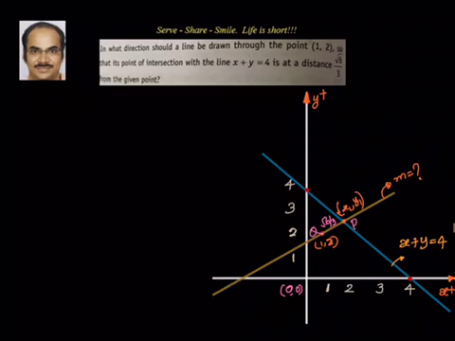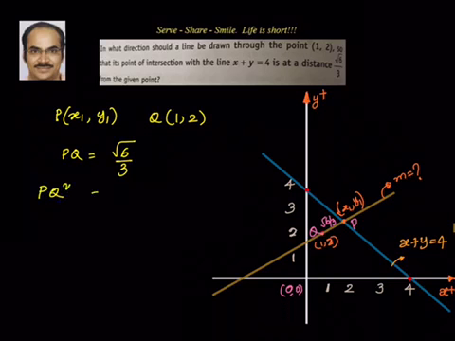From this we can find one equation: (x1 minus 1) whole square plus (y1 minus 2) whole square equals root 6 by 3 whole square. So we can square it on both sides. Can I say PQ square is equal to 6 by 9?